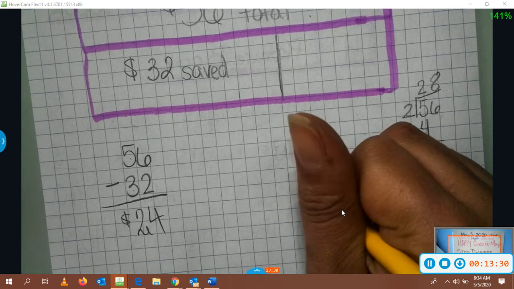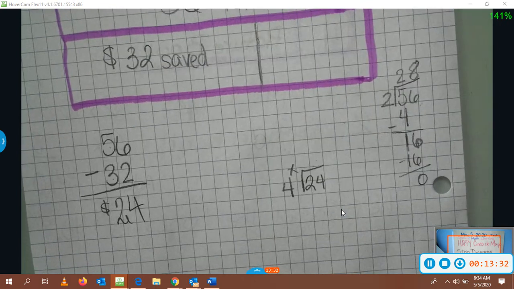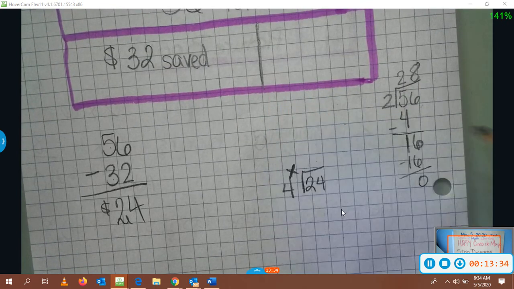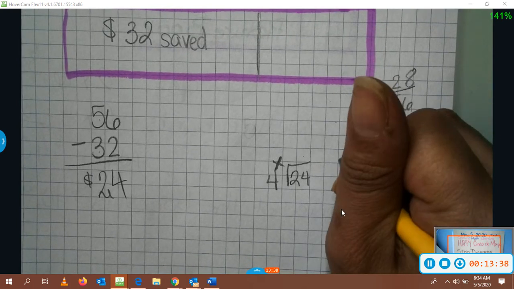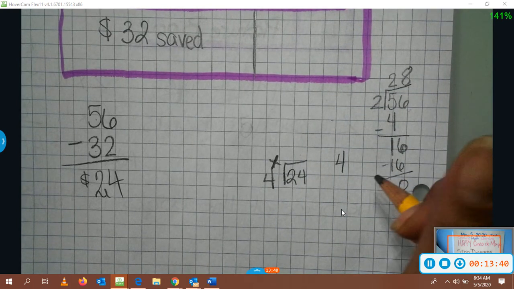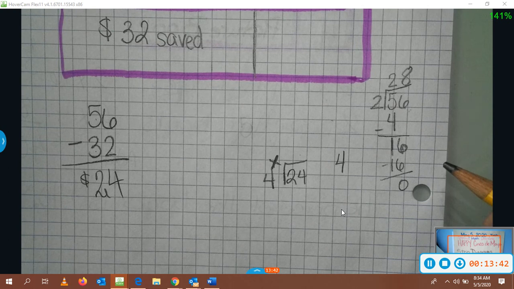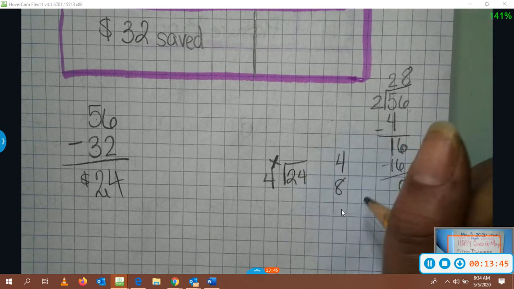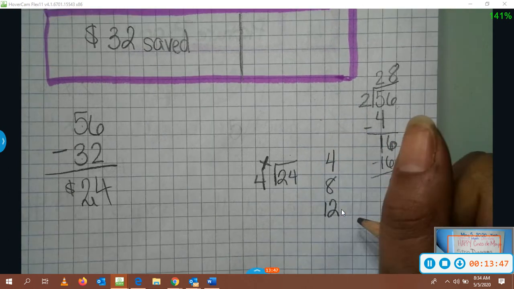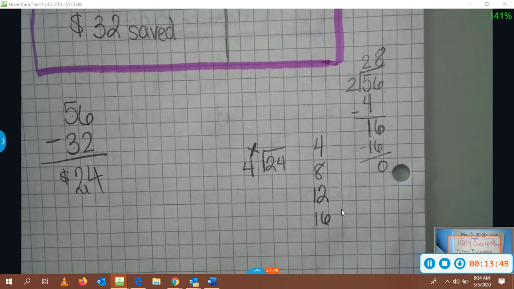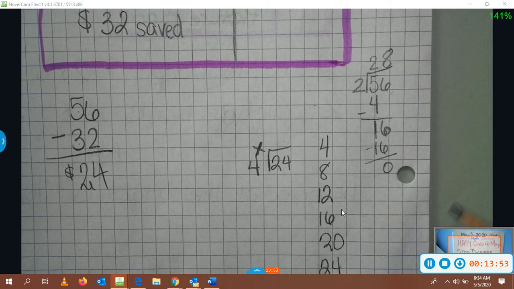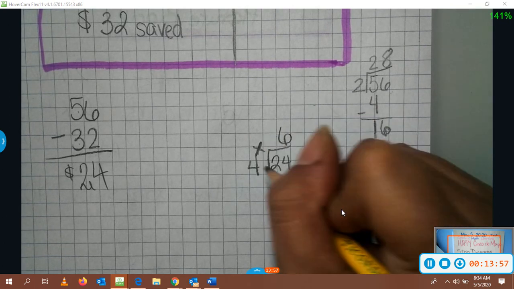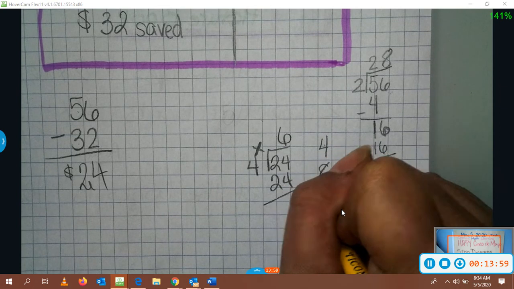Now 4 times what would give me 24? So for those who are not having trouble with their 4s, here we go. 4, 8, 12, 16, 20, 24. 1, 2, 3, 4, 5, 6. 6 times 4 is 24.